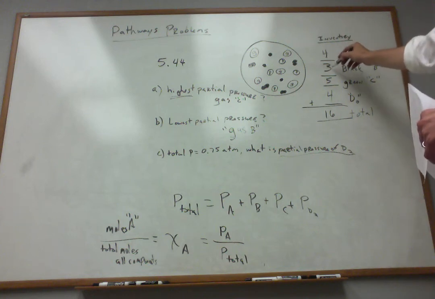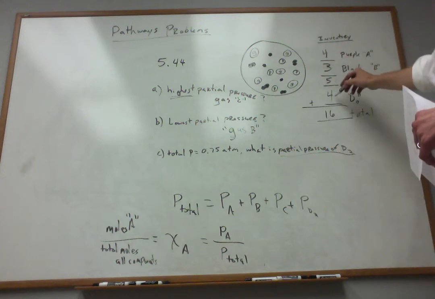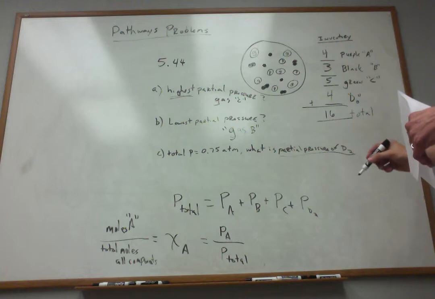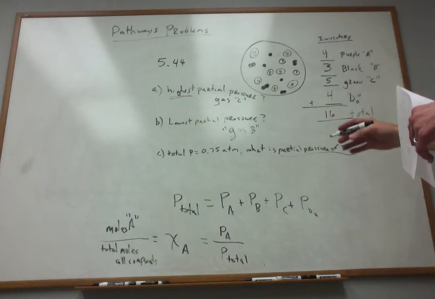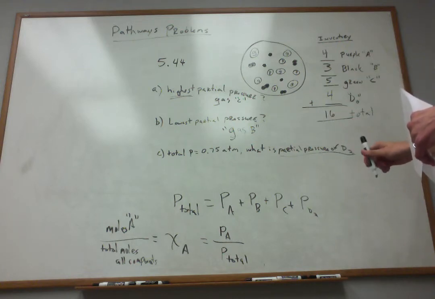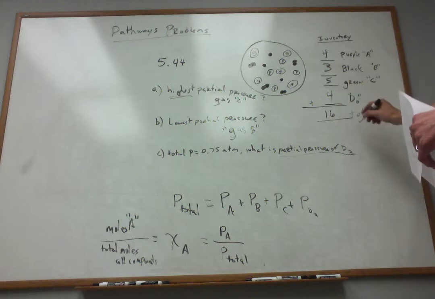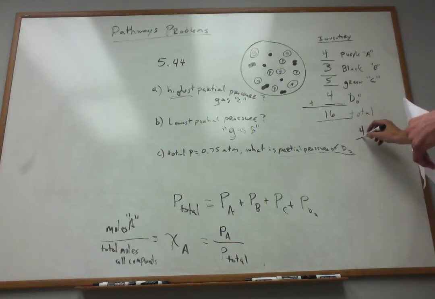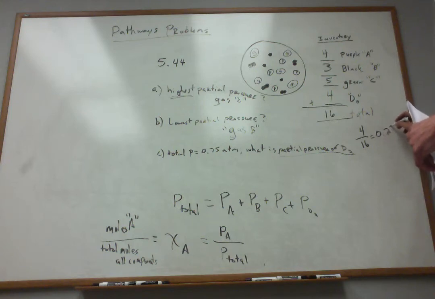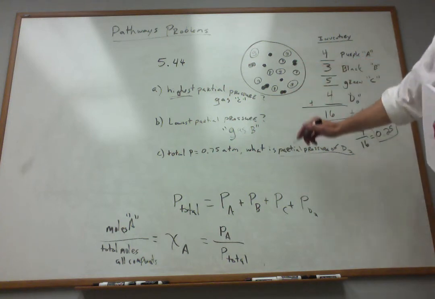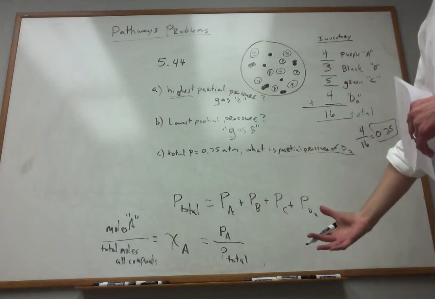So 4 plus 3 is 7, plus 4 is 11, plus 5 is 16. So there's 16 total particles. And what fraction of that is D2? It looks like 4 out of 16, or 25%. Fractionally, that's 0.25. That's the fractional abundance of the D2, which is analogous here to our mole fraction.